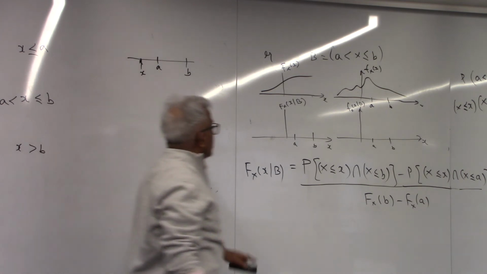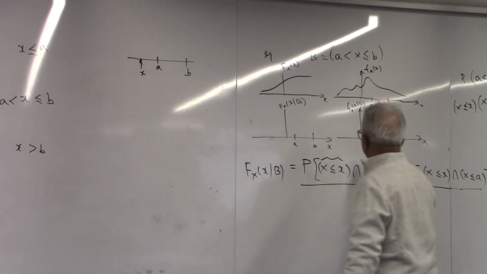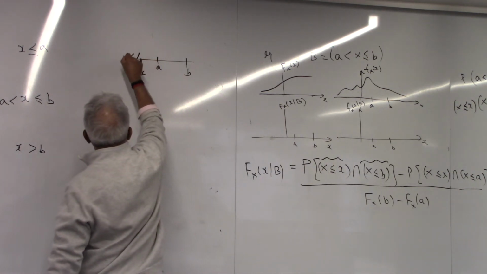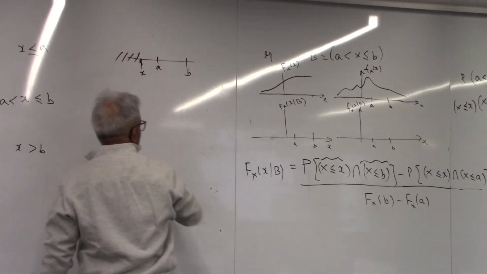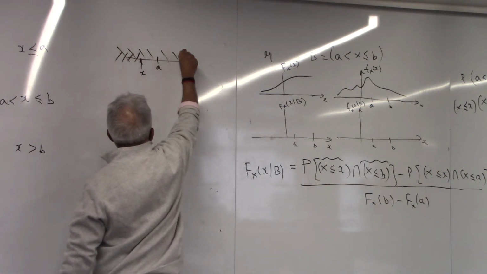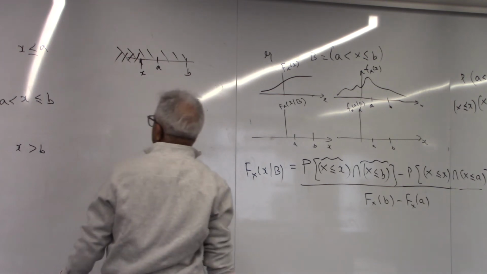So now if you look at here, you need the intersection of this and this. So the random variable X less than x is this. The other one is X less than b, so that's going to be this. So their intersection is X less than x.